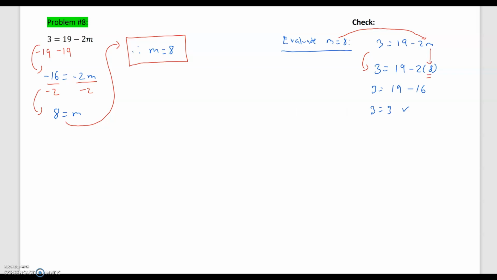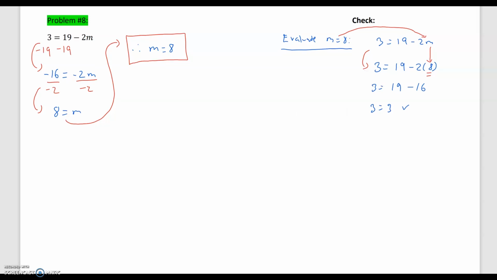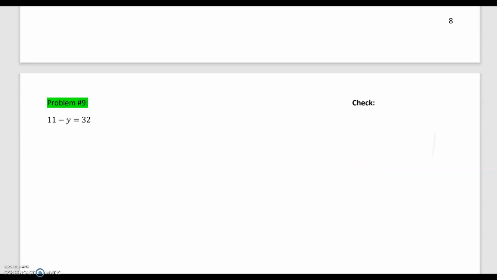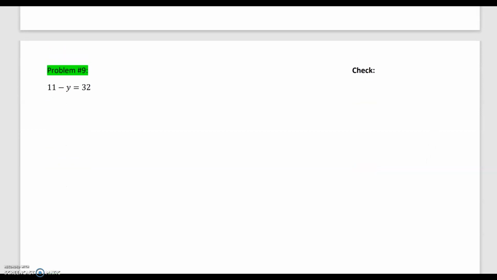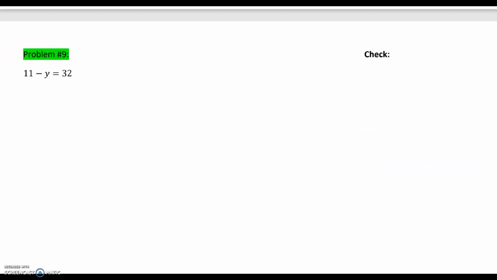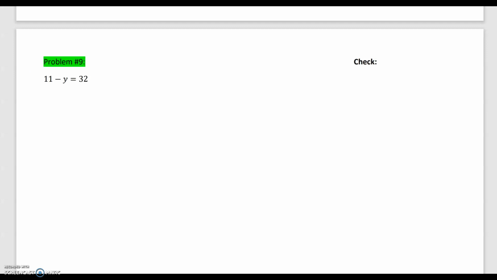That's actually it for problem 8. Let's move into problem 9. And in this scenario, let me just adjust it. We already have the y on the left, so let me subtract the 11. So we're going to be subtracting 11 from both sides.